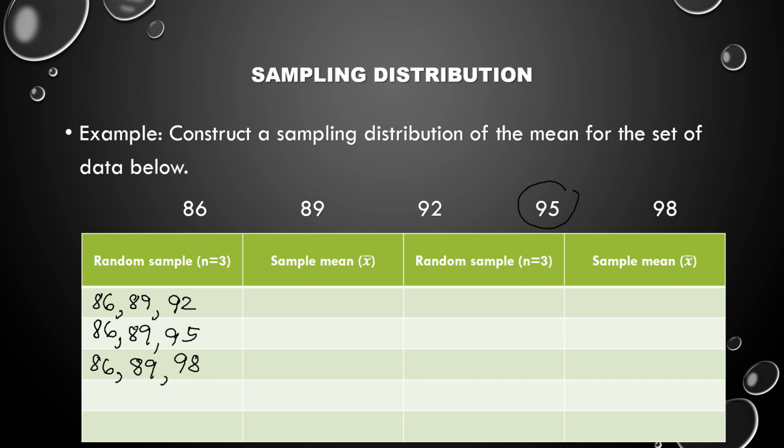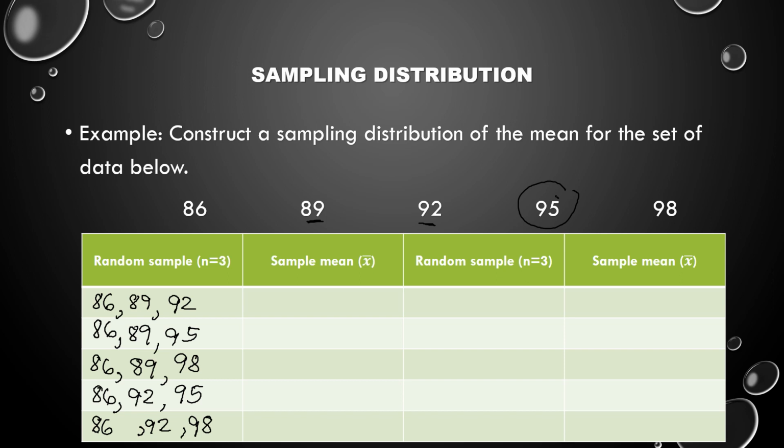We go for the next one. We still have 86, and the next one right after 89 is 92. So we will be writing 92 in there, and we go for the next value, which is 95. And we still have another number, which is 98. So we repeat the first 2 digits, 86 and 92, and make use of the last number there, which is 98. And that's the end.